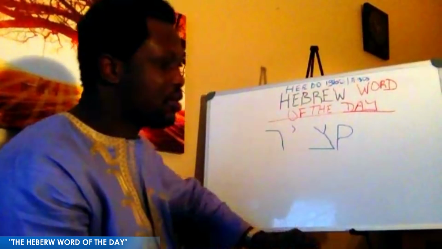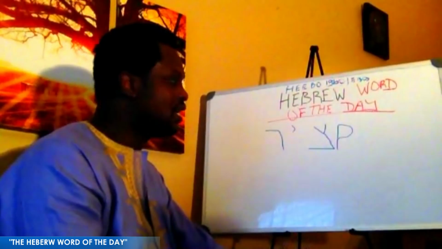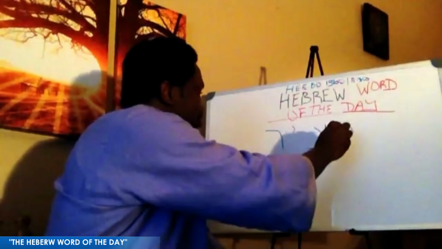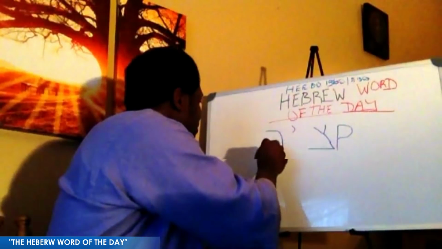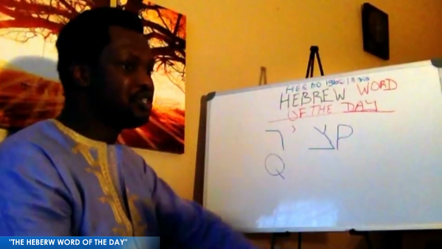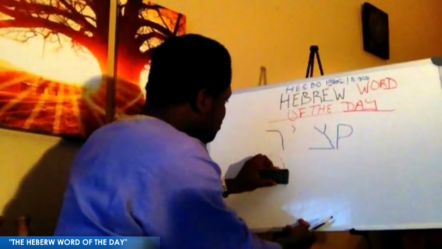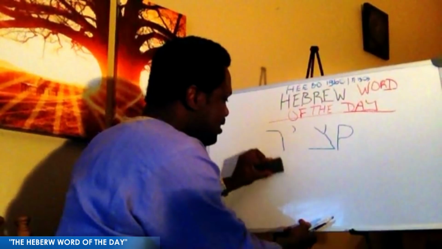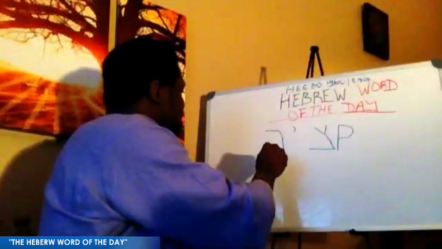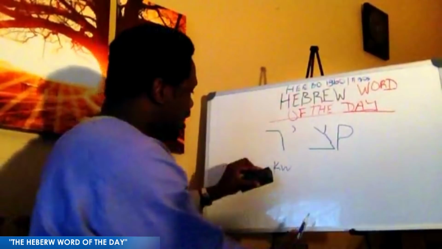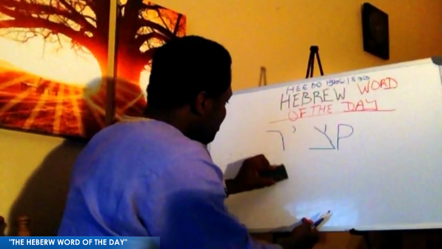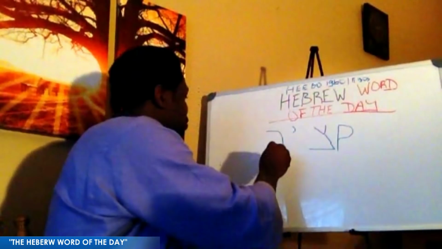So we're going to do the transliteration as always. Here you have the ku. It actually is supposed to give you a ku sound, which is a pure sound, which can also be represented with the K sound as well. But I'm going to use the ku right here.